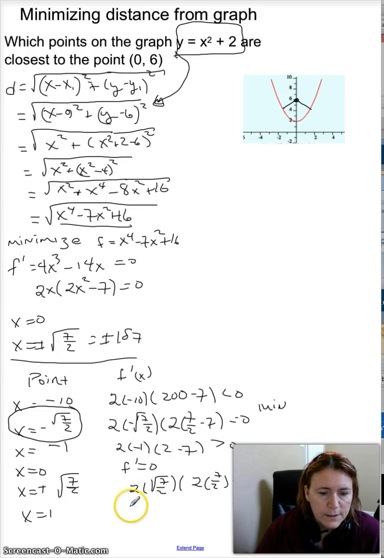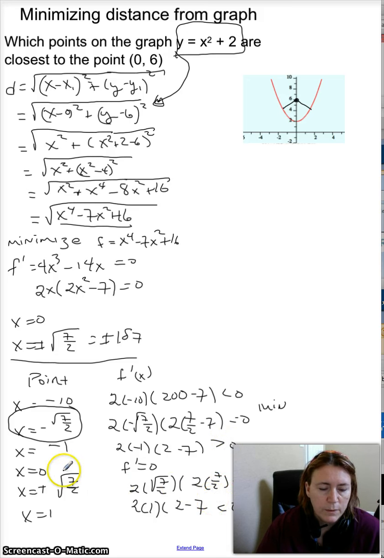At x equals 1, it's 2 times 1 times 2 minus 7, so it's negative.